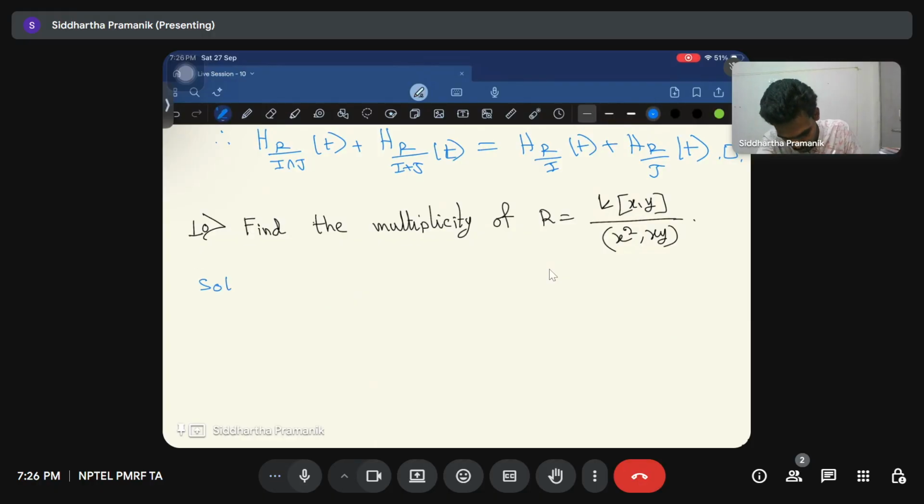One can do this by Macaulay2 also, but here I will do it by hand.